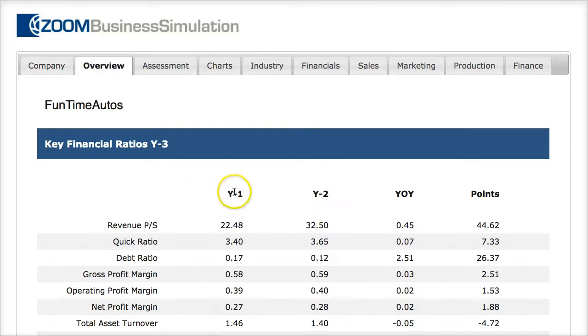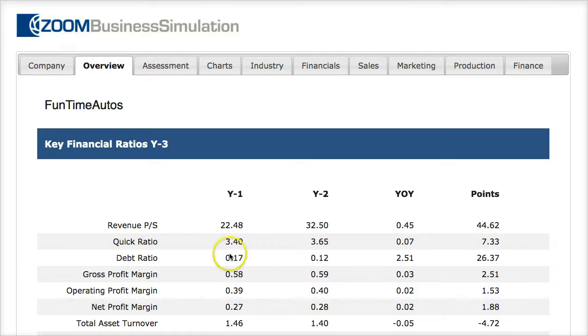So here is the year 1 results, and now it's being compared to my new year 2 results to see what my overall points are. So this stands for year over year, and I was able to increase my revenues per share of stock by 45%, rounded up. So I got about 45 points.